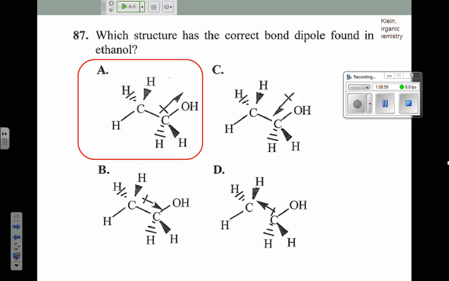So this is the important one. Carbon and hydrogen are considered basically nonpolar, so they don't have a dipole associated with them. It's such a small difference that we don't consider it.